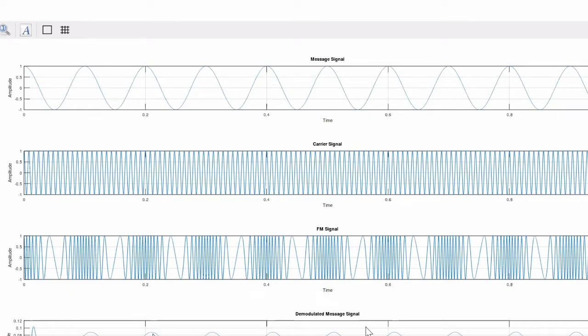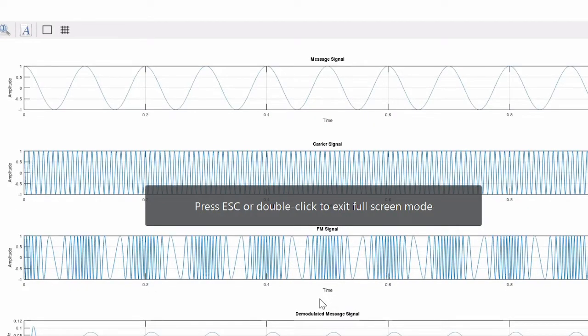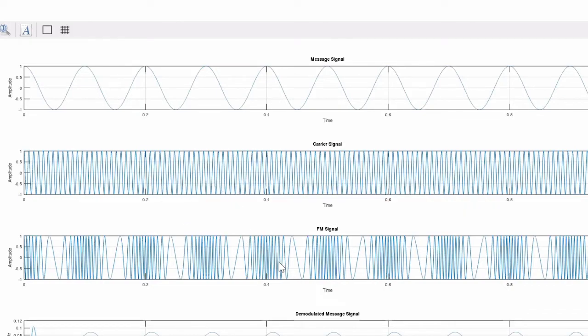If you remember the video demo which Madam showed just a few minutes ago, you would notice that even in an experimental or practical situation, the demodulated signal is not necessarily an exact replica of the message signal. In the video demo, the message signal was a perfect sinusoidal signal, whereas the demodulated message signal had some sort of alteration. It was some sort of triangular or sawtooth shape.